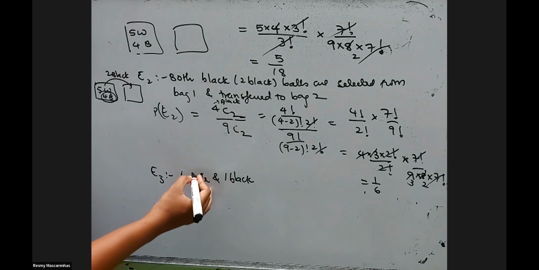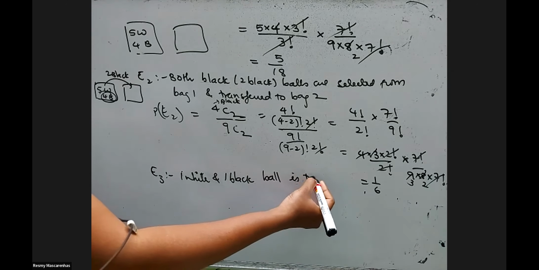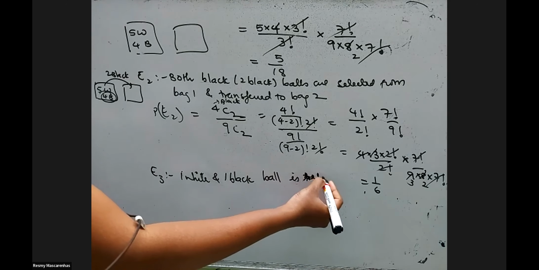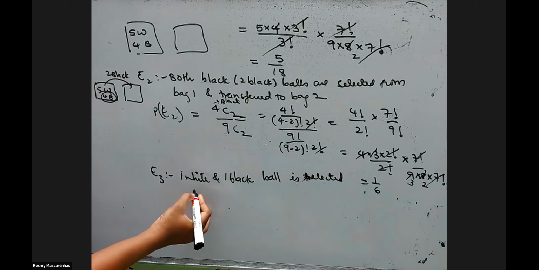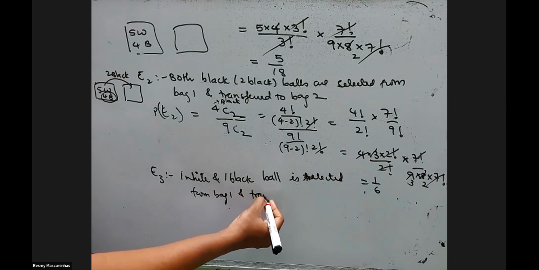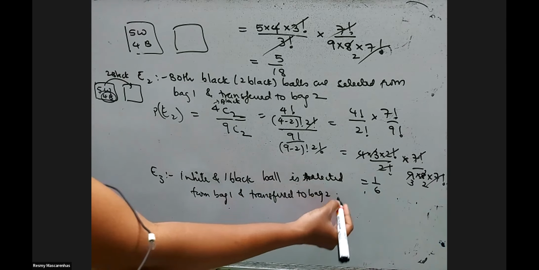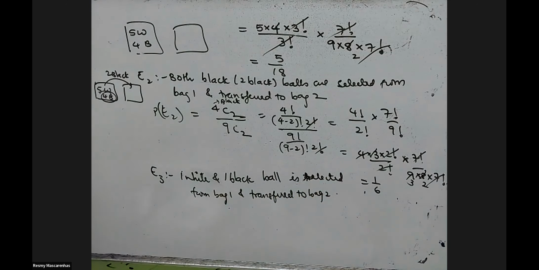Total it is 2 only, from bag 1 and transferred to bag 2. One black is selected, 1 white is selected.